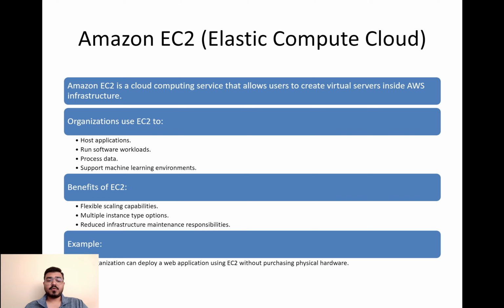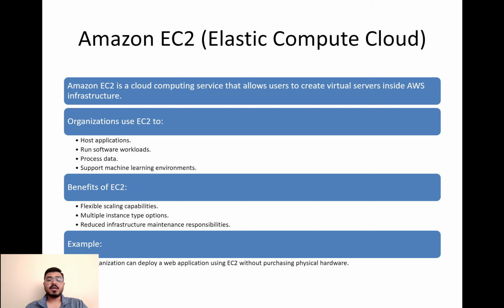EC2 also provides important benefits. One benefit is flexible scaling capabilities. Organizations can increase or decrease computing resources depending on workload requirements. Another benefit is multiple instance type options. AWS provides different server configurations depending on business needs. EC2 also reduces infrastructure maintenance responsibilities.